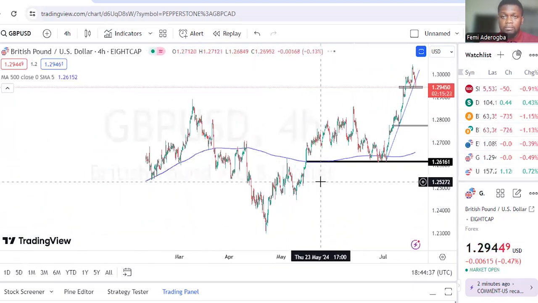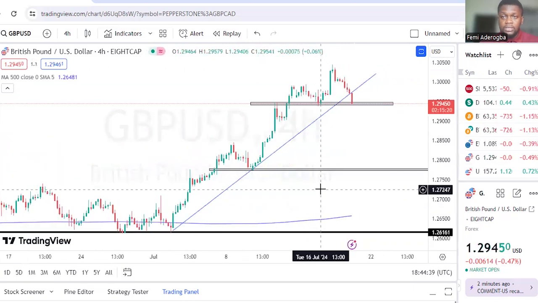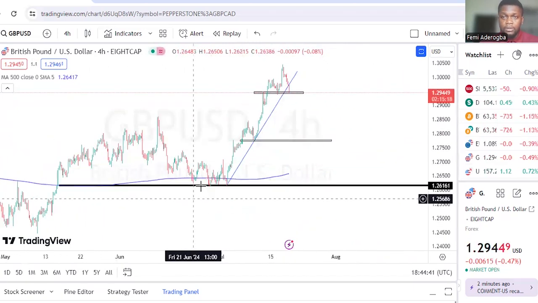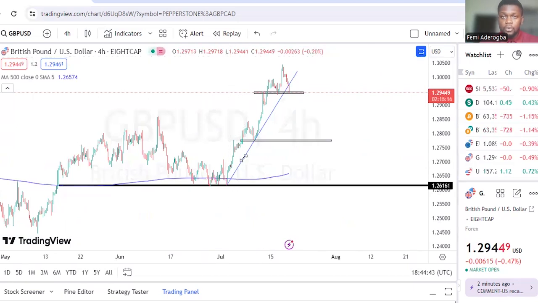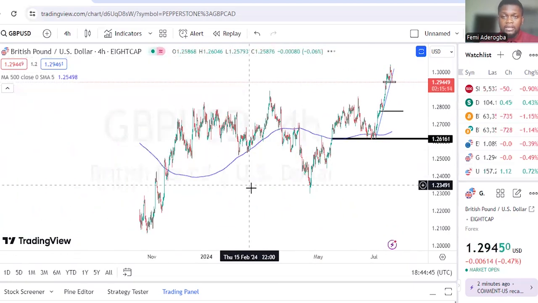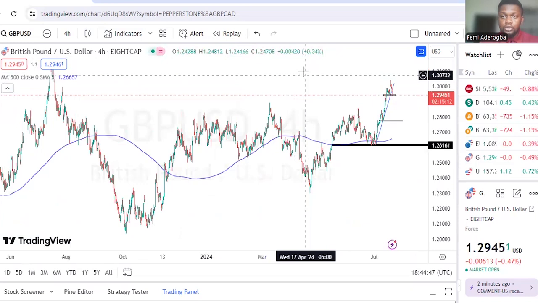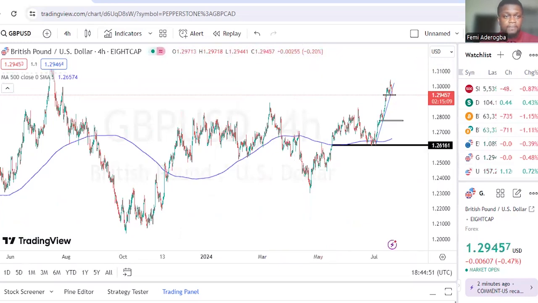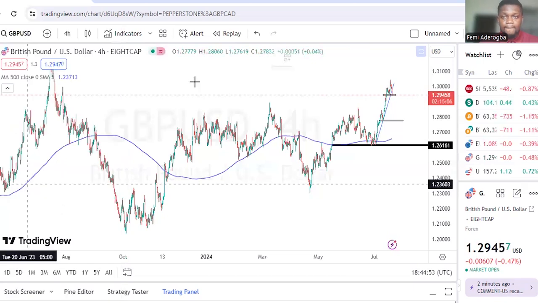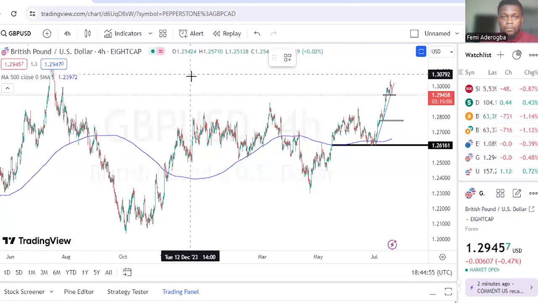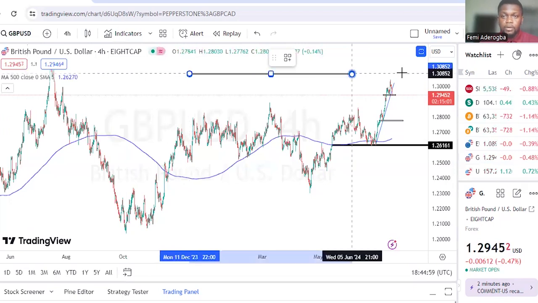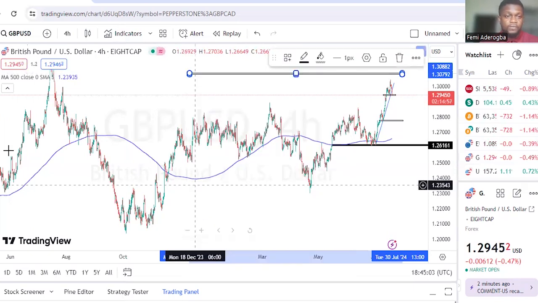Sorry, I want to ensure that you are able to see that. So your stop loss will be somewhere around there, and that makes a lot of sense.